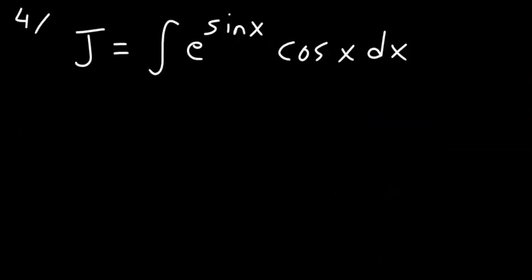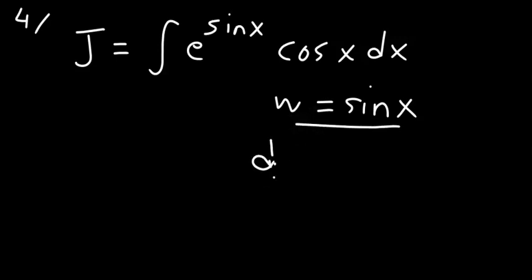What about this one? Again, when examining it, you see that the power of that exponential function is sine x, and the derivative of sine x is cosine x, which is the function multiplying that exponential function. So that would suggest the following substitution. The differential of w is just cosine x dx.